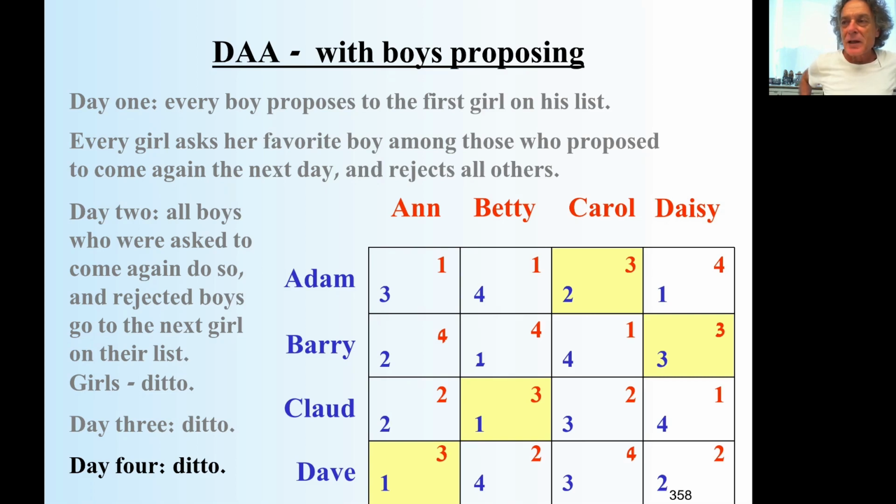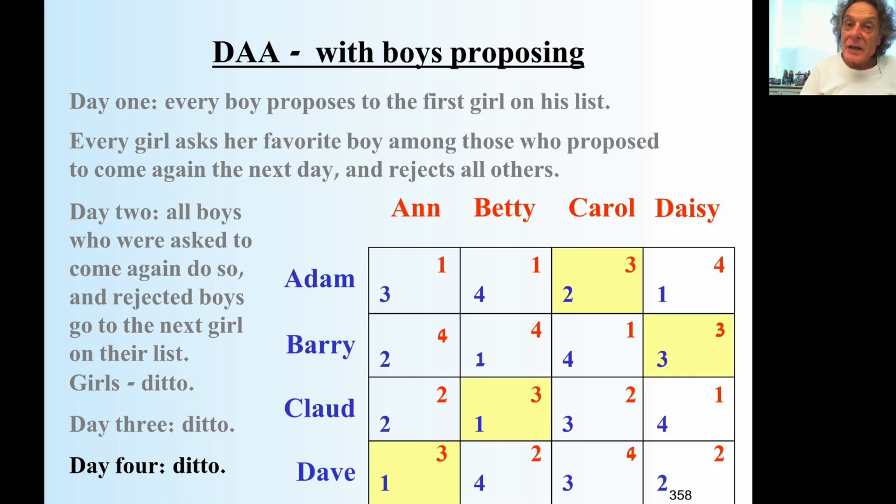There are no boy and girl who are not matched to each other where the boy prefers the girl and the girl prefers the boy. If she was not matched to him, that means she rejected him. He prefers her, so he visited her. Why did he not end up with her? Because she got a better one and rejected him, and therefore she will end up with a better boy. As easy as that, this is a stable match.